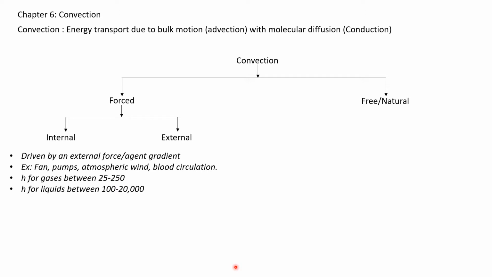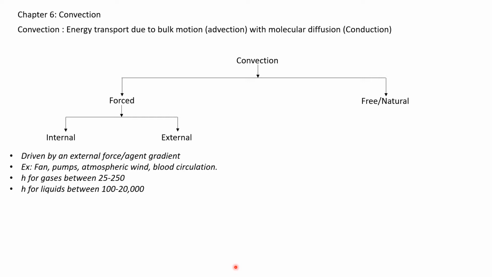Atmospheric winds can be considered forced convection because you may have strong winds due to pressure differences or pressure drops, and sometimes you get tornadoes. The circulation of blood in your body is also forced convection because your heart is the external force that pumps the fluid through your body.